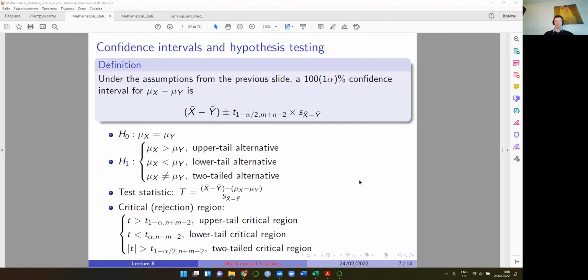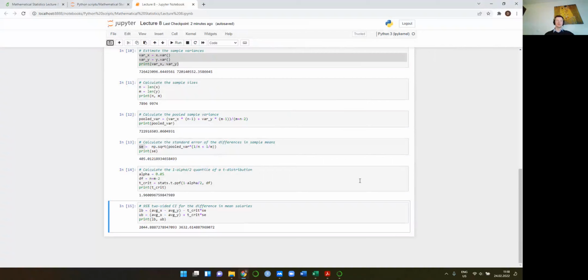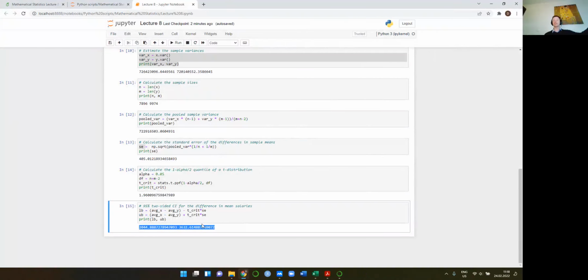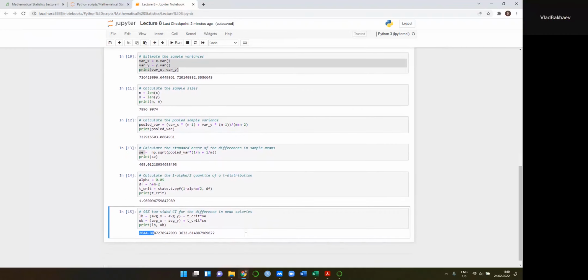Yes. Okay, so what can we say from this confidence interval? What do these numbers precisely tell us? This 2044, this is what? Wage. Whose wage is this? Both.